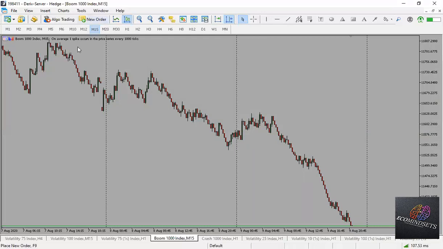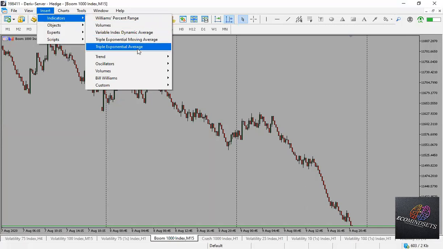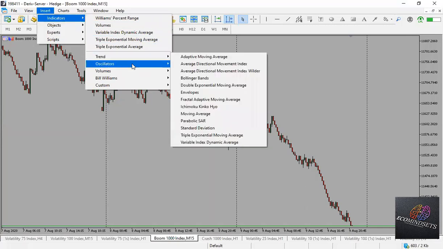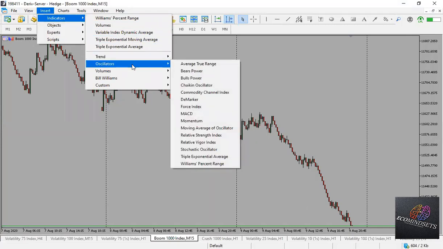All right, so the first indicator we are going to add is the RSI window. You go to Insert at the top here, then Indicators, then Oscillators, because RSI is an oscillator. Select Relative Strength Index.